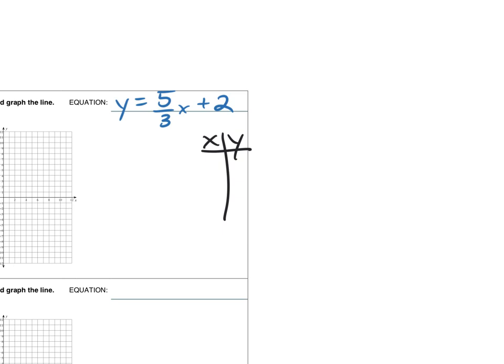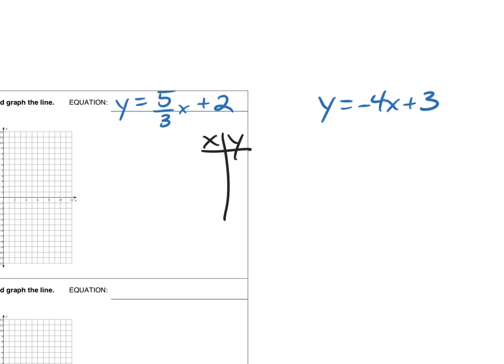We could use -1, 0, 1 for a fractional slope. However, it's not going to give us an integer y value. It's still possible to graph, but it's a little trickier.